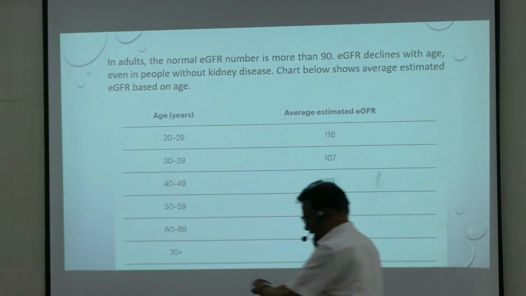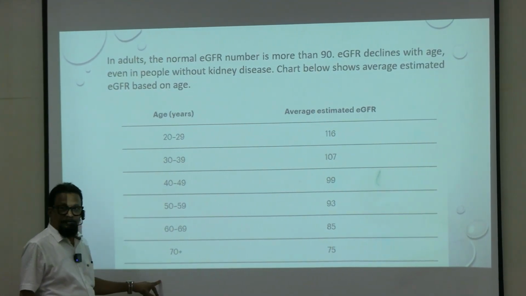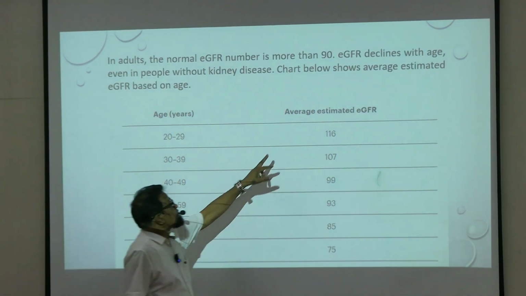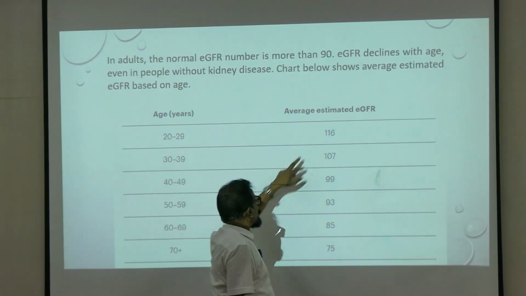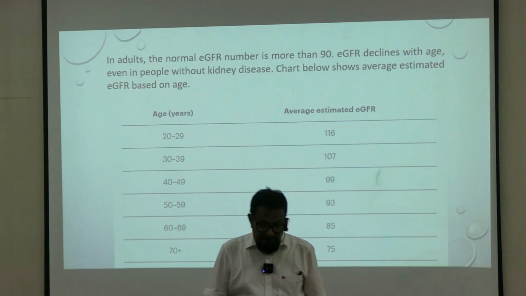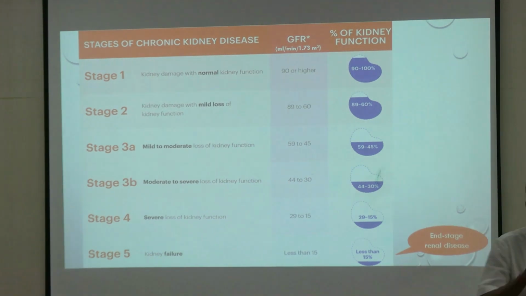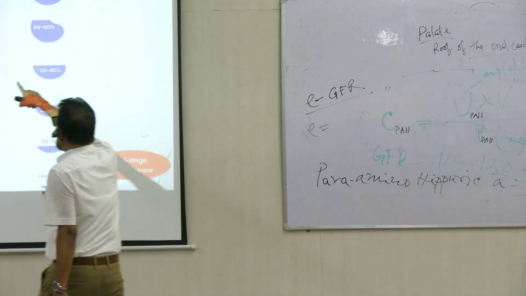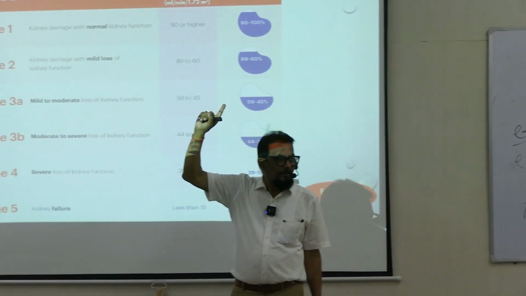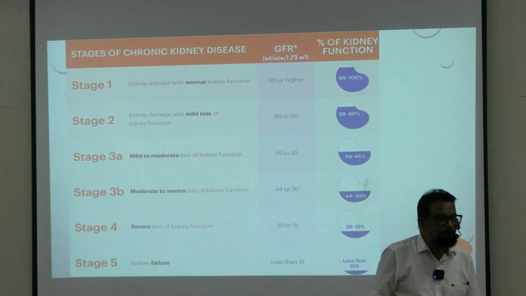Now what to do? Estimated GFR varies with age. Okay, so we have seen what is the GFR. Gradually as age increases, GFR gradually decreases. Okay, then come this. When the estimated GFR is 90 or above, then there is stage 1 kidney disease.